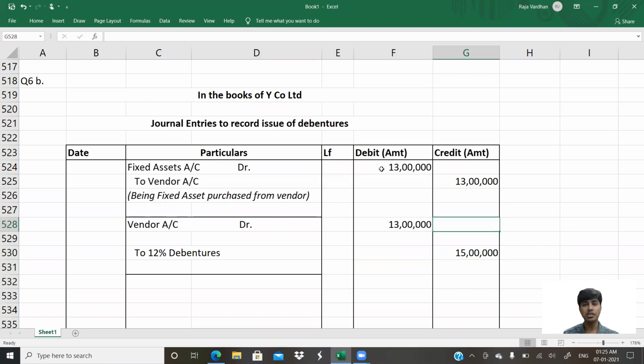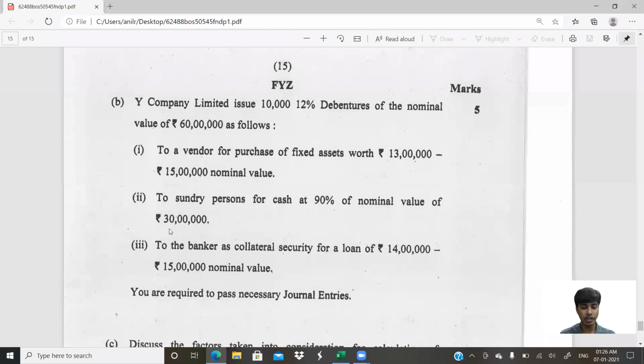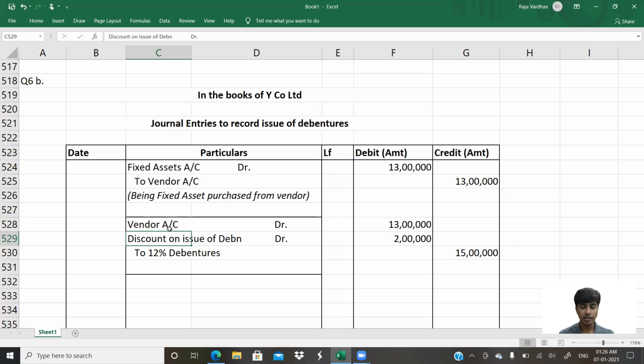When you give 15 lakh worth debentures instead of 13 lakh, there is a difference of 2 lakh here. What is this? This is discount. Discount on issue of debentures account debit. Perfect. So done with the second entry also. So we're done with this first part. Number 1 is done. Yeah.